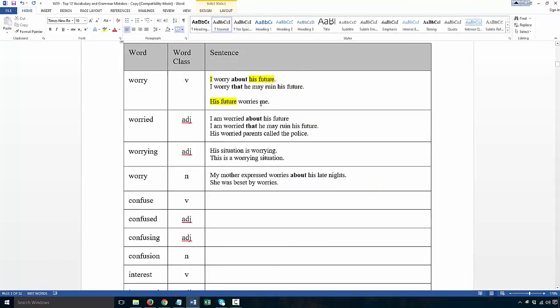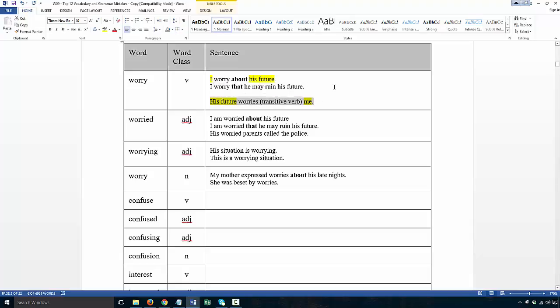Whereas this is actually used as a transitive verb because you have an object. It becomes a me here. So something, the thing that worries you, something worries somebody. This is the second way of using it.